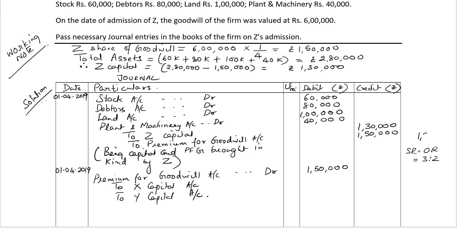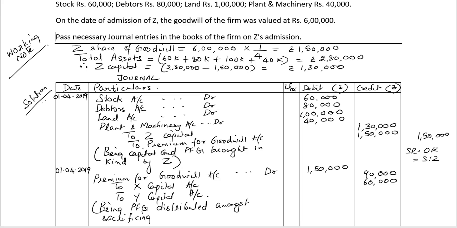So we have 1,50,000 in 3:2 comes up to 90,000 for X and 60,000 rupees for Y. Being premium for goodwill distributed among sacrificing partners in their sacrificing ratio.